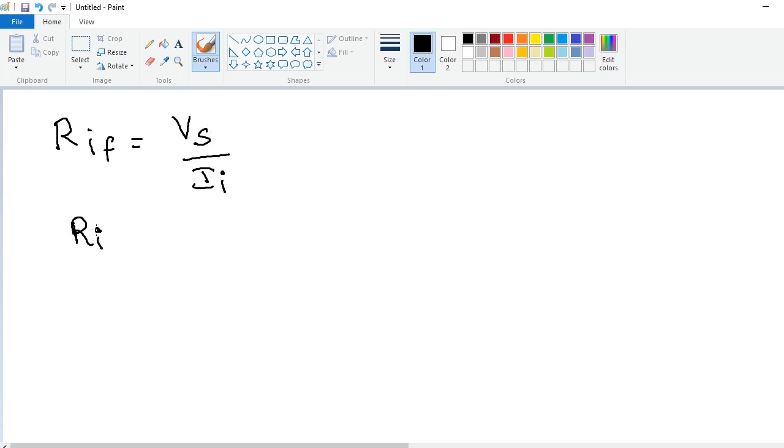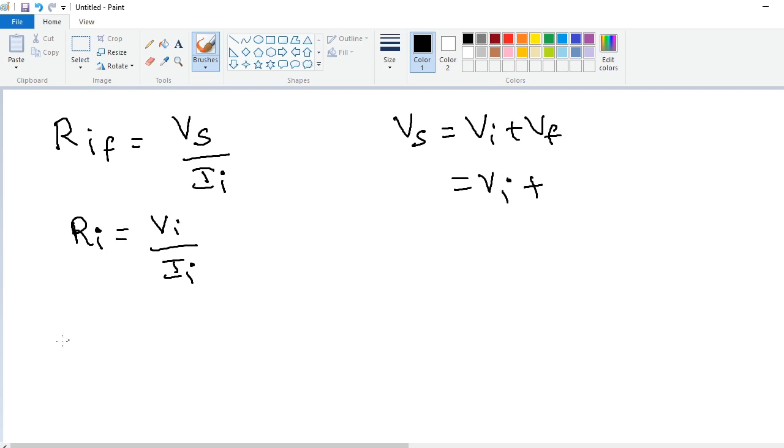Ri is the amplifier input resistance, Vi divided by Ii. We know that Vs is equal to Vi plus Vf. Why? Because beta is equal to Vf divided by I naught. So Vf is equal to beta into I naught.